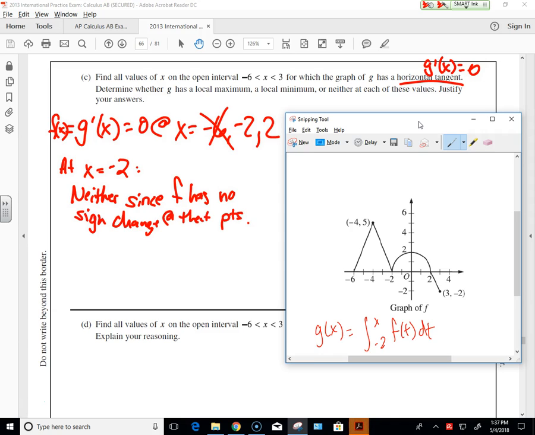Okay, start thinking about 2 though. There is a local or relative max because before 2 I have above, after 2 I have below. So I can say that there is a relative or local max since f changes from positive to negative at that point. Sure.